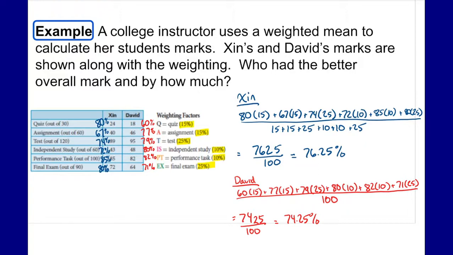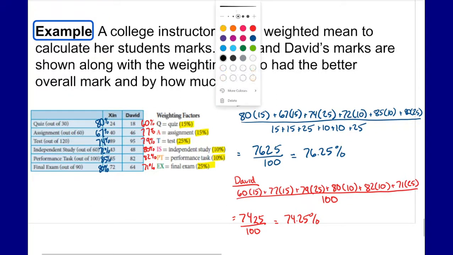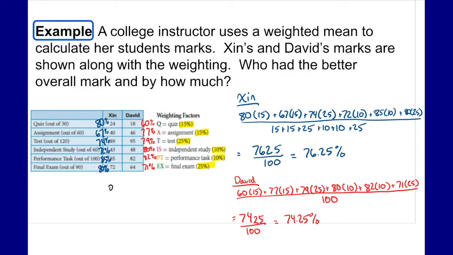And we found that David had an overall mark of 74.25. So therefore, Jin had a better mark by 2%.